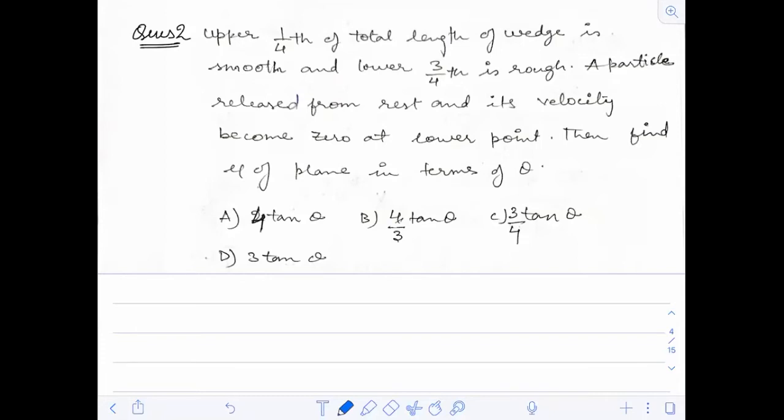Yes, any answer? Anyone who has got the answer for this?